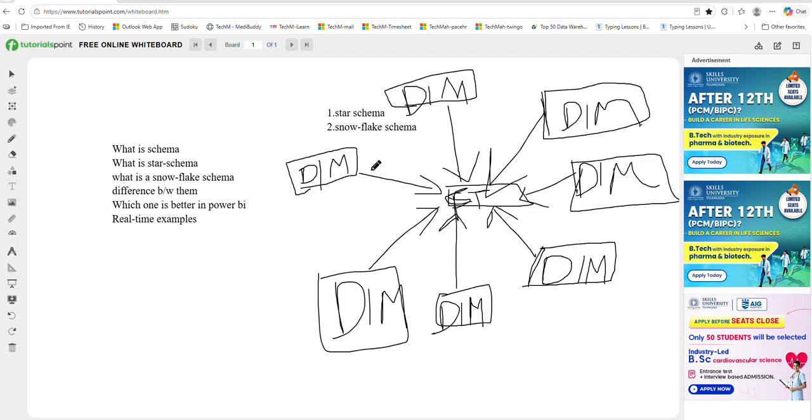Okay, this is the fact table. See, in the product table, let's say product name, category, or brand are also there. Like that, different details.